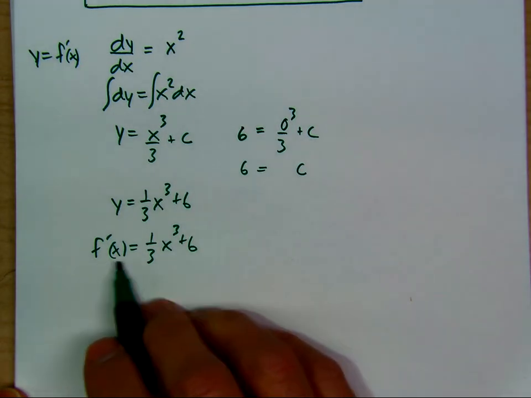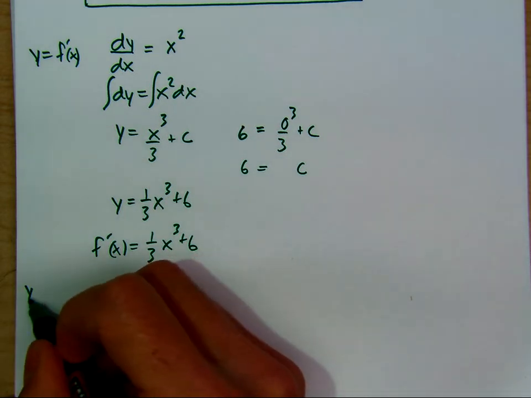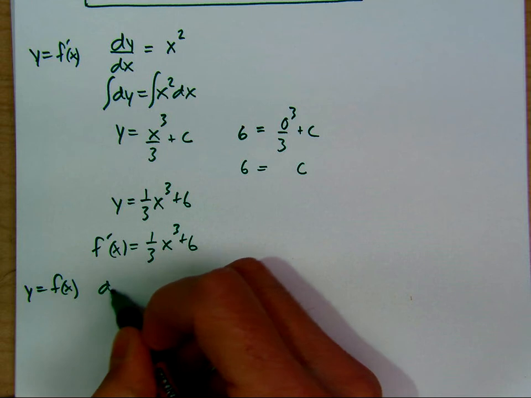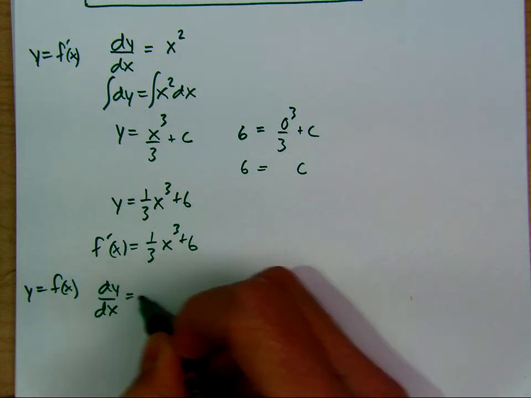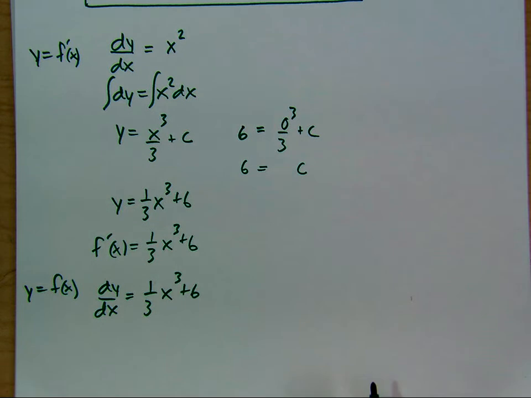So now we need to find the solution to this, and we can just say y equals f of x. So dy dx is 1/3 x cubed plus 6.